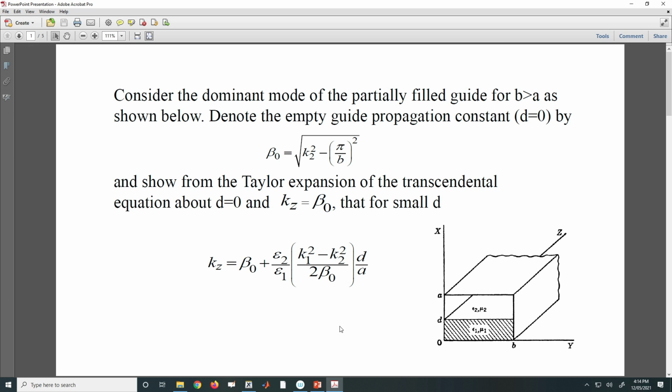Consider the dominant mode of the partially filled guide for b greater than a as shown below.